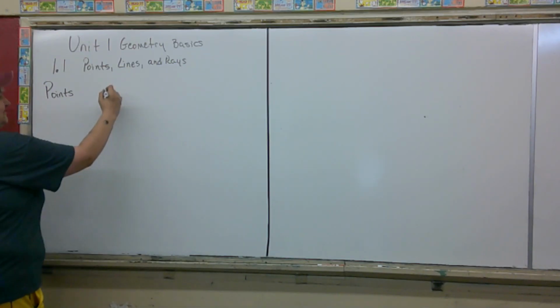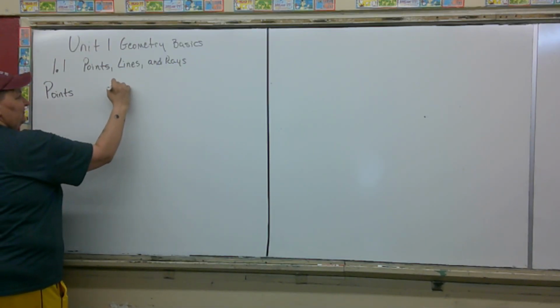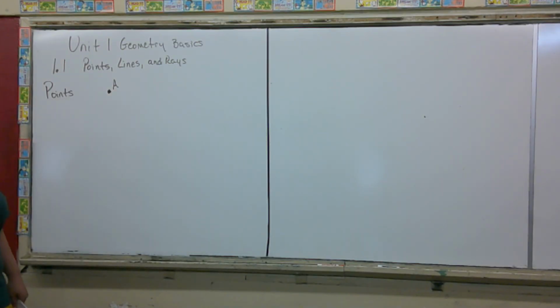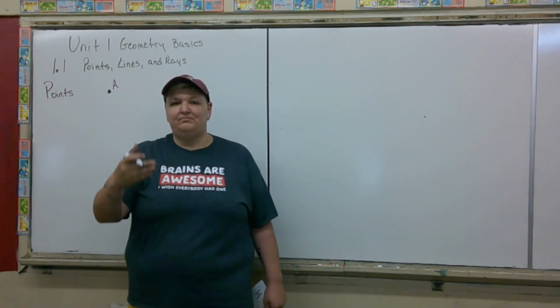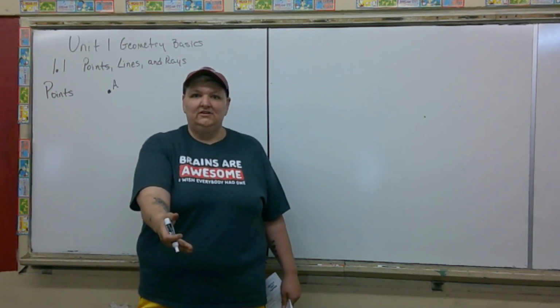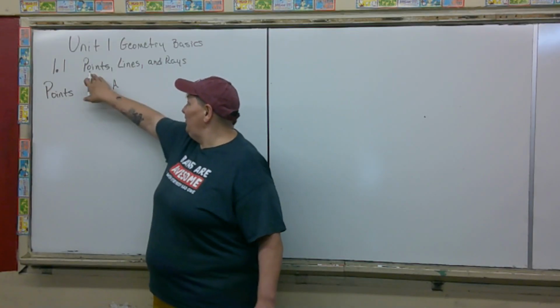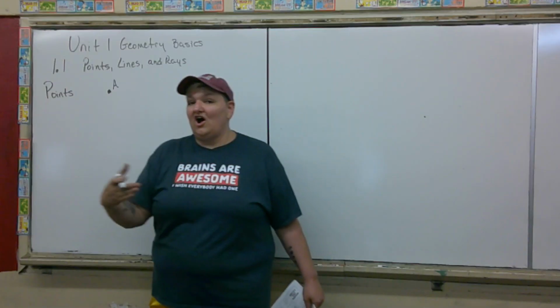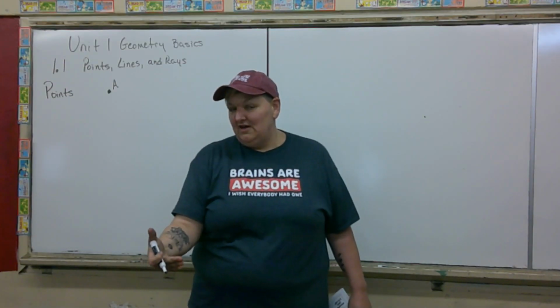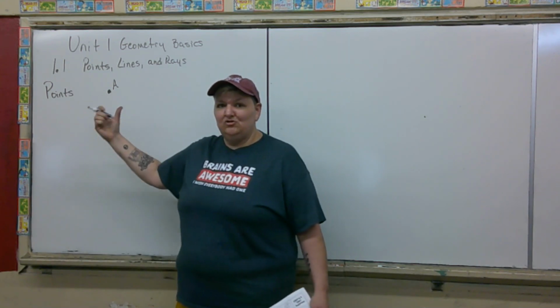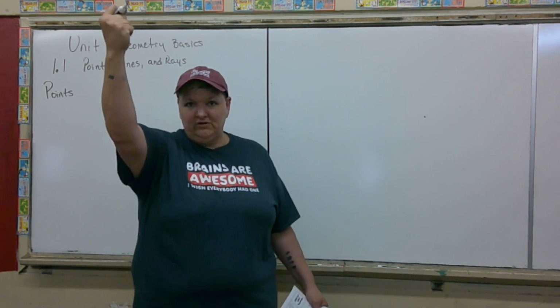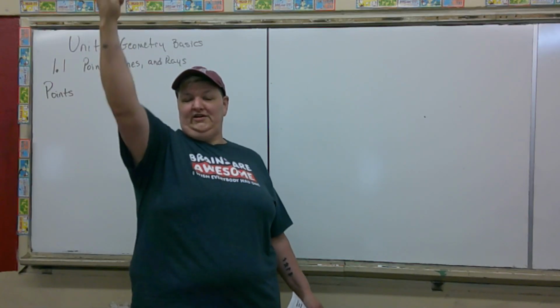Alright, so points. A point is a location. It doesn't exist in real life. It's something our mind uses to mark the spot. Points, lines, and rays are considered undefined terms because they don't exist in reality. They're not something you can grasp and hold up and be like, I've got the point.